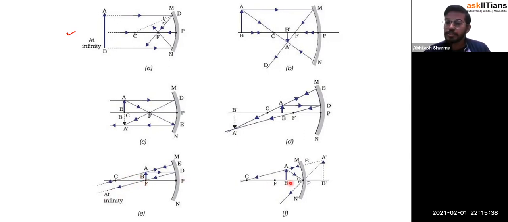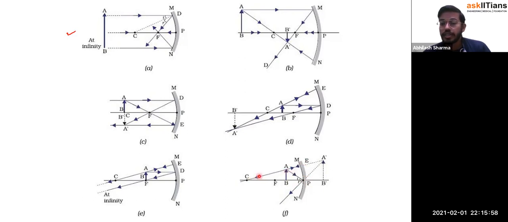And what about the last? Well, in the last case, we have moved the object between pole and focus. The object is inside the focus. So now when you draw the ray diagram, the first ray I have taken, you can see falling at the pole, and we remember a rule. When it falls at the pole, it reflects symmetrically.